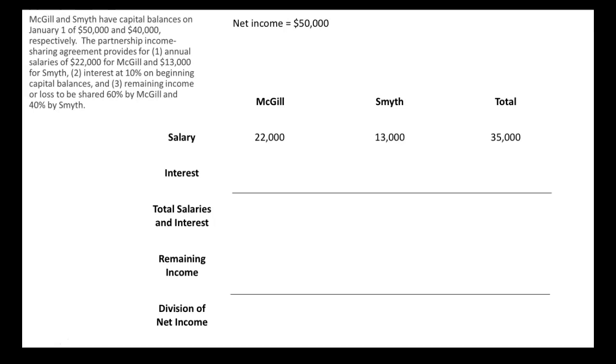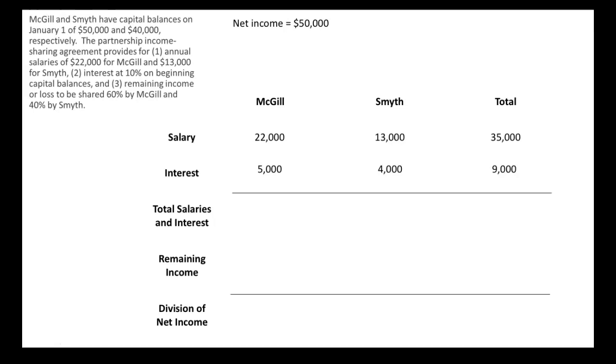Then we're told that the interest is 10% on the beginning capital balances. So we need to take a look up at the very beginning of our problem where it says McGill and Smith have capital balances on January 1st of 50,000 and 40,000 respectively. So for McGill, we take 50,000 times 10% to get that 5,000.